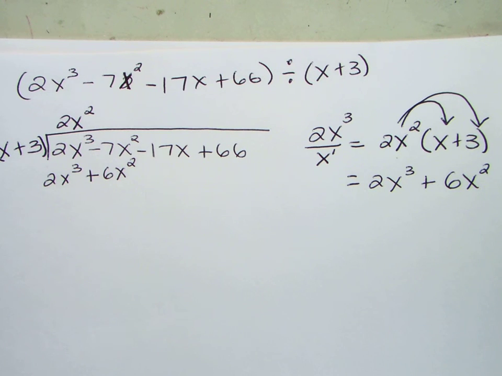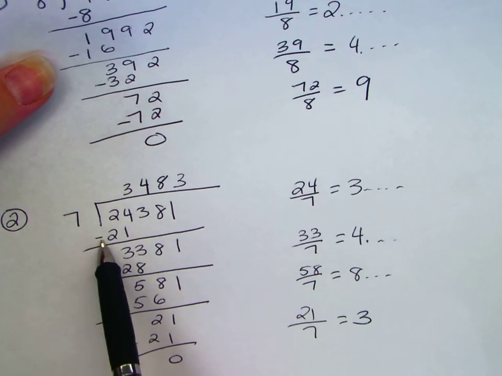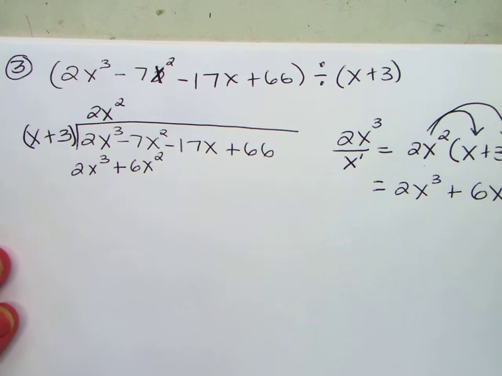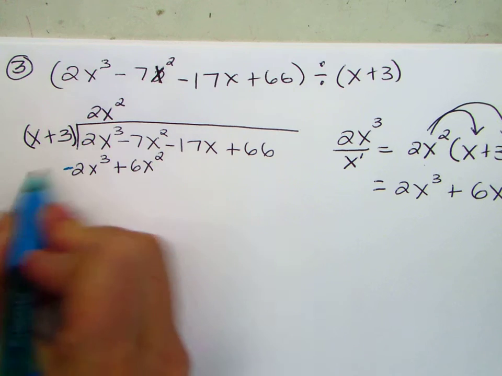Okay? All right, what did we do after we multiplied? I multiplied 7 times 3 and got 21, and then I subtracted. Now, you got to be really careful here with the subtracting, because you're not just going to subtract that 2x cubed. It's not just a minus like that. You're actually subtracting everything.